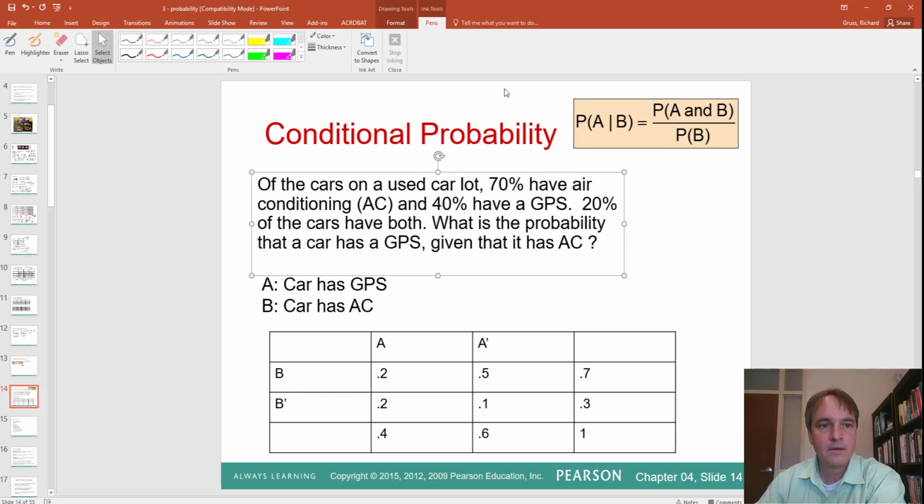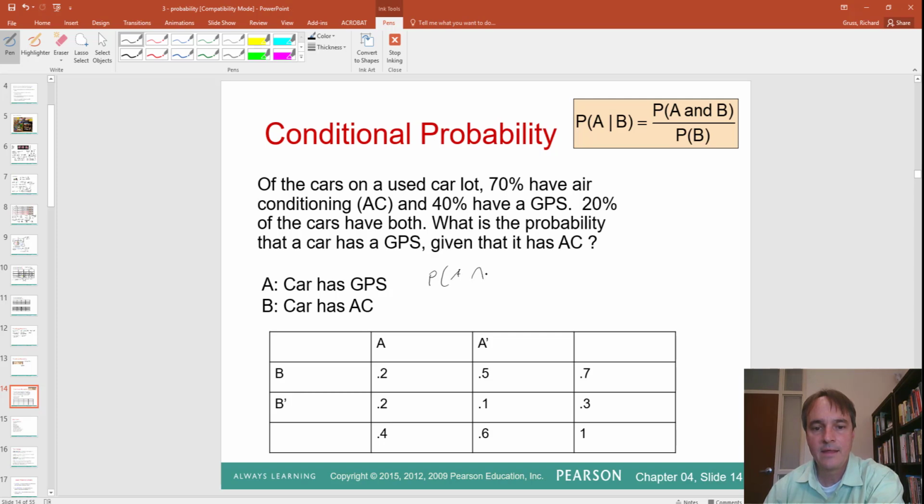Because the probability of A and B is right here, so that's going to be 0.2. And so it's going to be divided by the probability of B. So you see, we didn't have to fill out the whole table, but it helps.